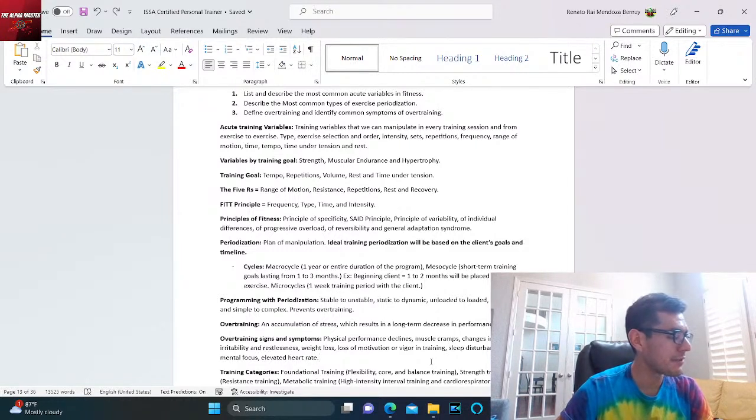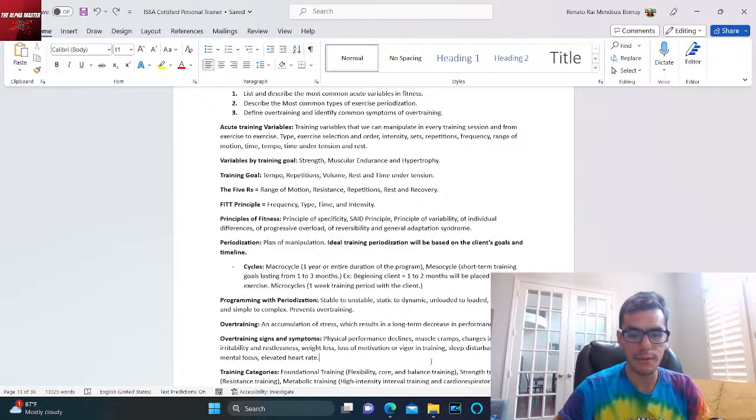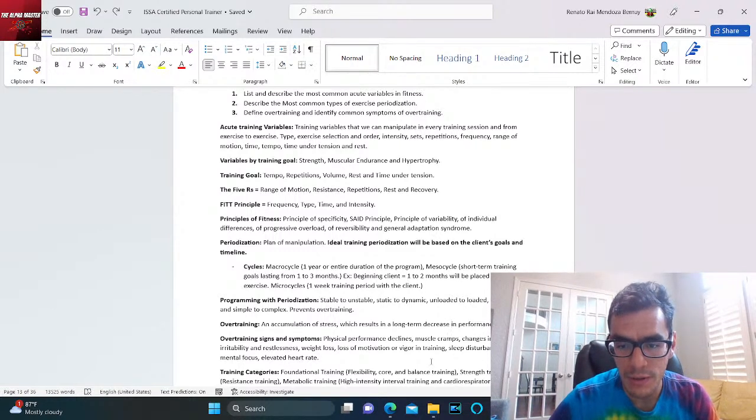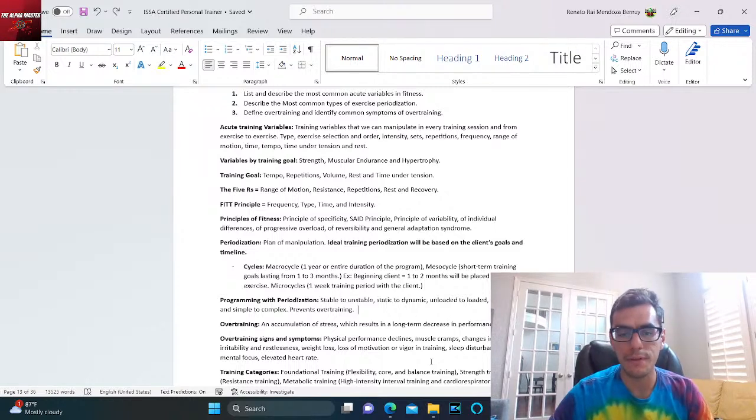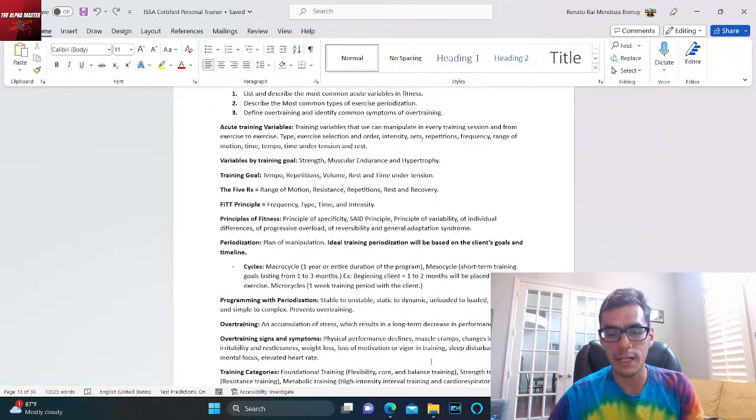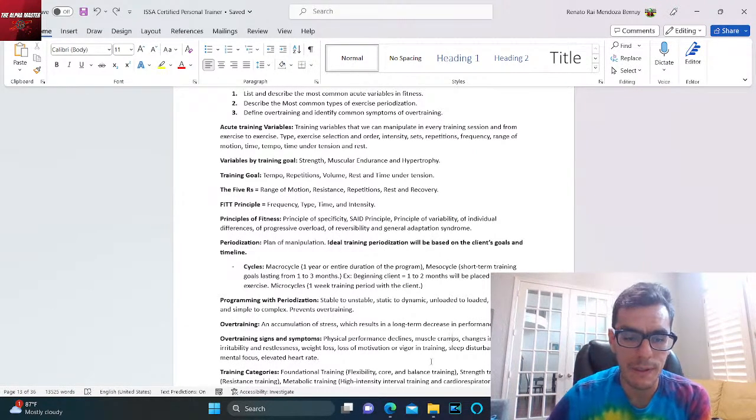Physical performance declines, muscle cramps, changes in appetite, irritability and restlessness, weight loss, loss of motivation or vigor in training, sleep disturbances, lack of mental focus, and elevated heart rate. So the condition of stress which results in a long-term decrease in performance capacity is overtraining, an accumulation of stress.